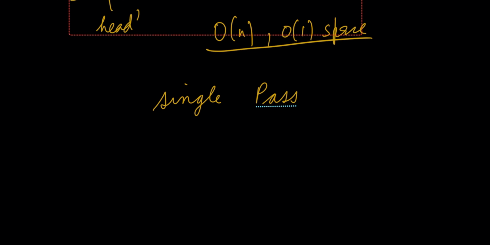That is, we can only start from the head once and iterate over the list. We can have more than one while loop, but we cannot reset and start again from the head of the linked list.